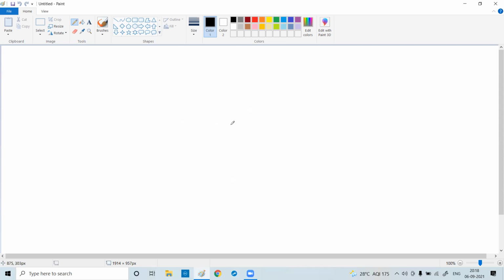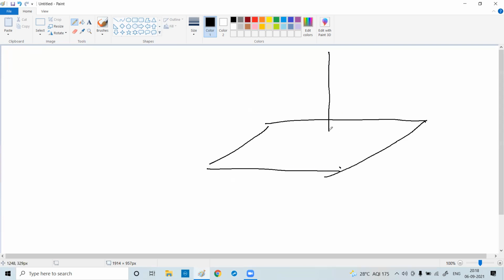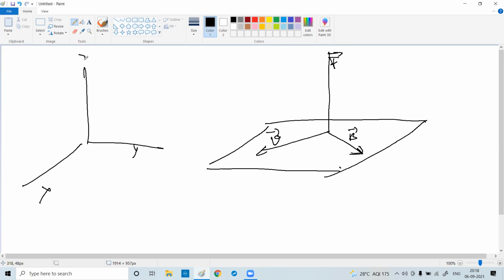This is a plane. This is V, this is B, and force will be this way. Like an XYZ plane, where X, Y, and Z are mutually perpendicular. But V and B may not be perpendicular.